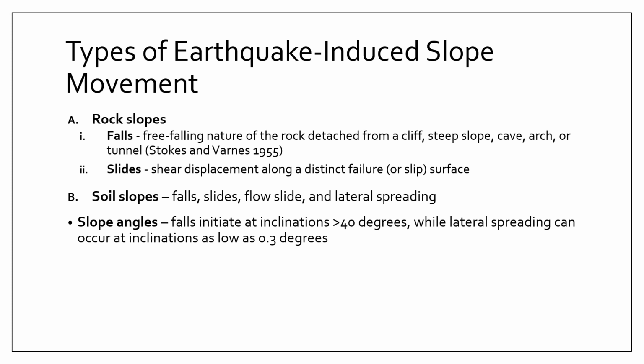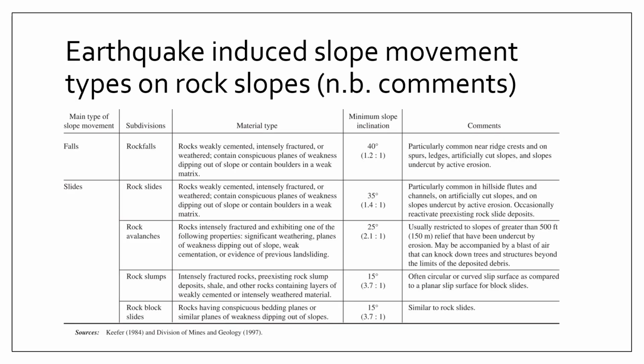Okay, so when you are talking about seismic slope instabilities, almost all slope angles are susceptible to different types of earthquake-induced slope movement or slope failure, right? So this is a table showing different types of rock slope failures or rock slope movements, right?